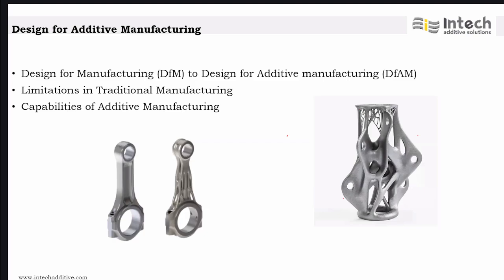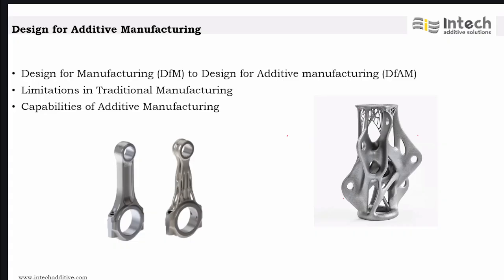But DFAM, on the other hand, is meant for 3D printing. It's about optimizing layer deposition, the geometry, support structures, and material directionality, and so on. It's also about different constraints, different possibilities, and different rules. This basically addresses the limitations in traditional manufacturing.